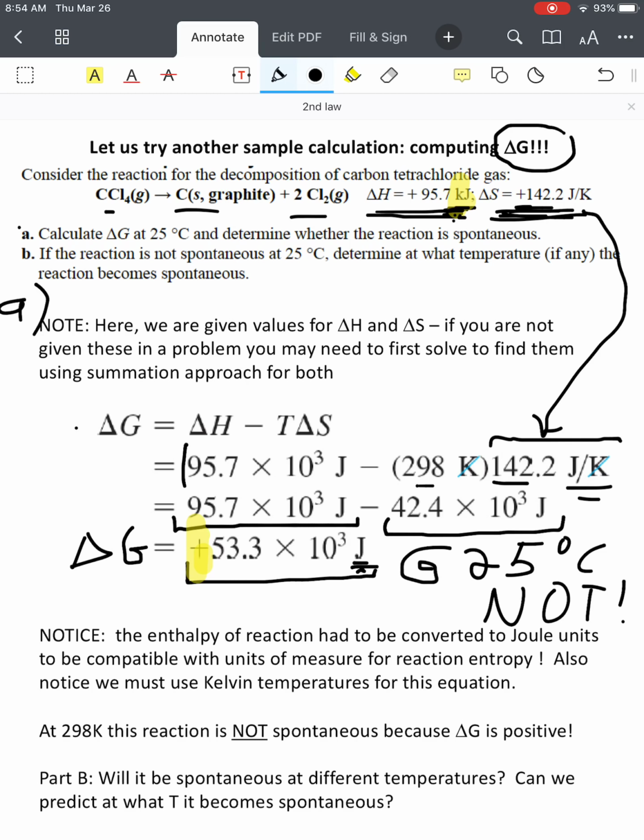Now, if I got a negative sign there, then this reaction would be spontaneous, but I didn't. I got a positive sign. This is not spontaneous at 25 degrees. In other words, this carbon tetrachloride is not going to spontaneously decompose to make graphitic carbon and chlorine gas. It's not going to happen at 25 degrees.